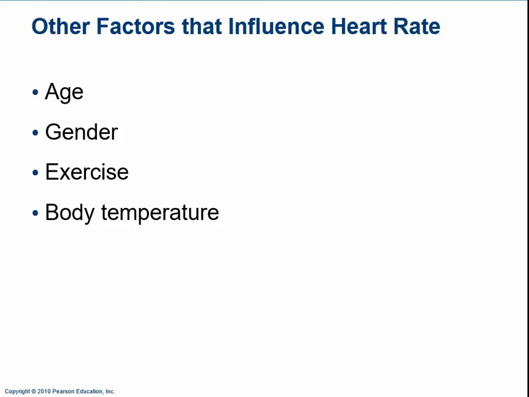Exercise matters. The more you exercise, the more your heart rate goes up. And body temperature. As we get colder, we have to increase our heart rate to try and pump blood around and stay warm.